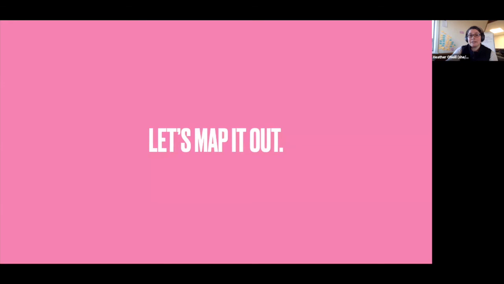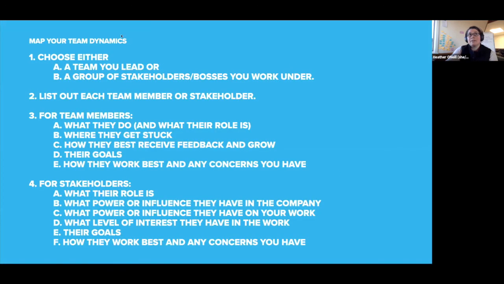I'd like to do an activity of mapping out some of the relationships that you're in right now. What I want you to do is to choose either a team that you lead or a group of stakeholders that you work under, and list out each person.